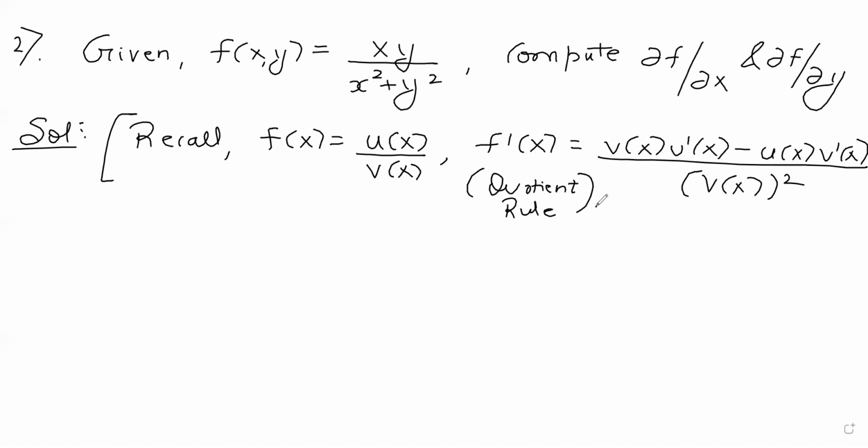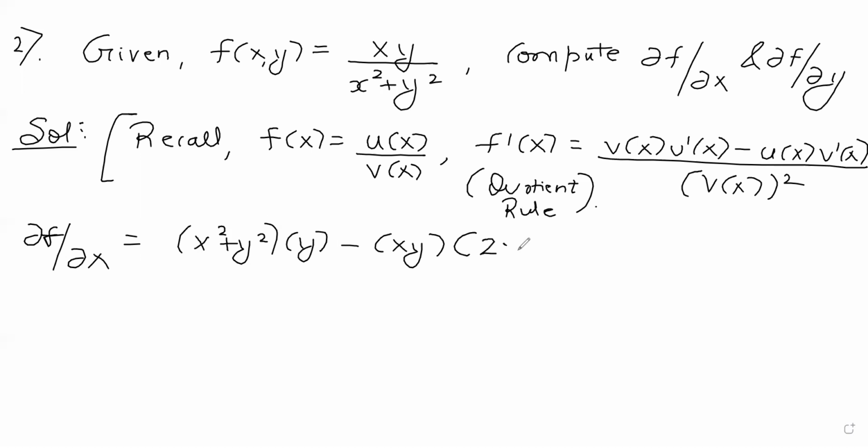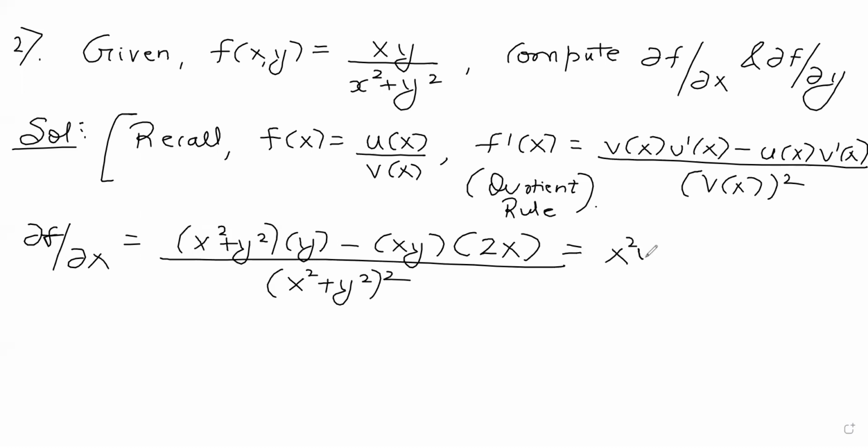Let's apply it to this question. If I have to find del f by del x, treat y as a constant. Denominator into numerator's derivative minus numerator into denominator's derivative, upon denominator's square, comes out as x square y plus y cube minus 2x square y upon x square plus y square whole square.